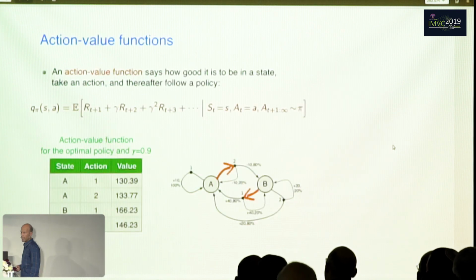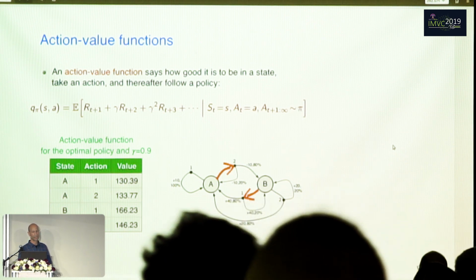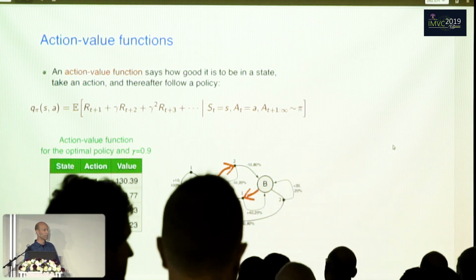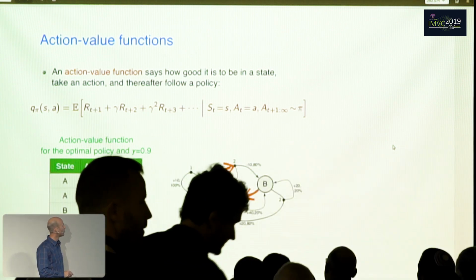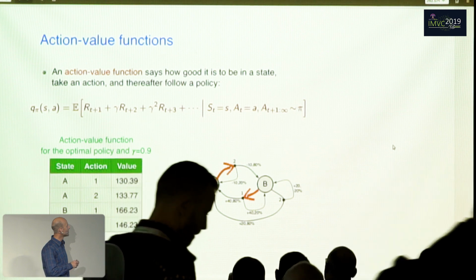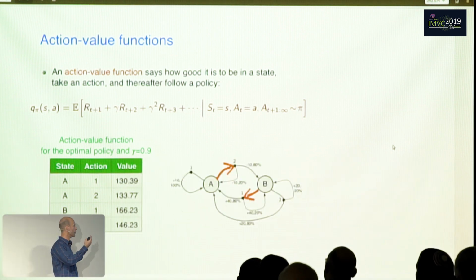Okay, an important concept is the action value function. An action value function says how good it is to be in a state, take an action, and thereafter follow policy pi. So the action value function is denoted as Q for a policy pi, and for a given state S and action A, this is the expected sum of future rewards.